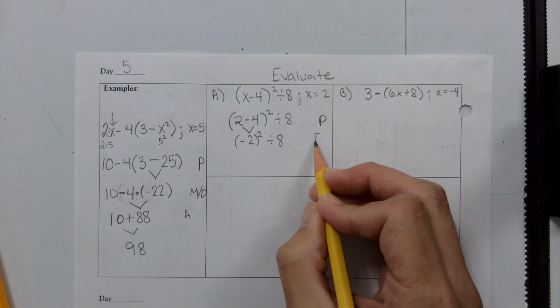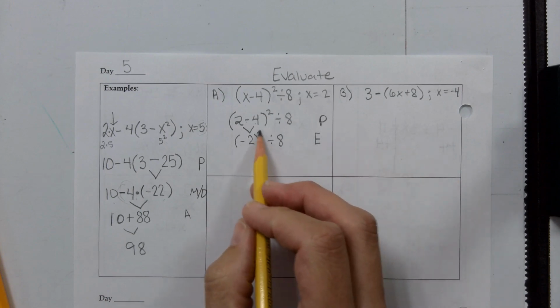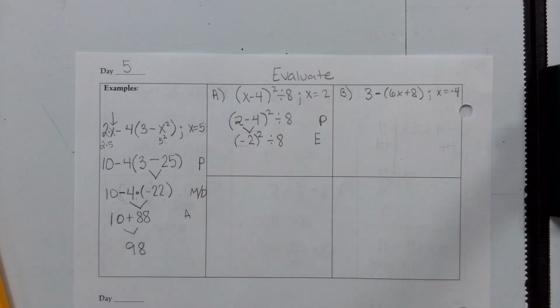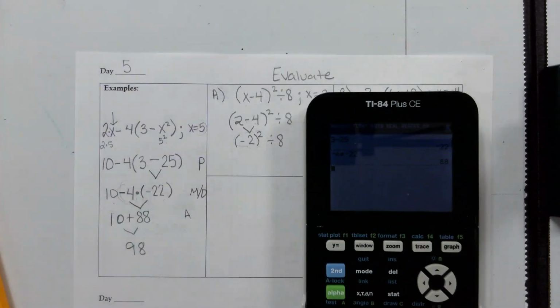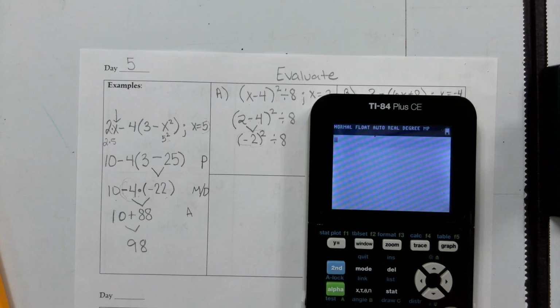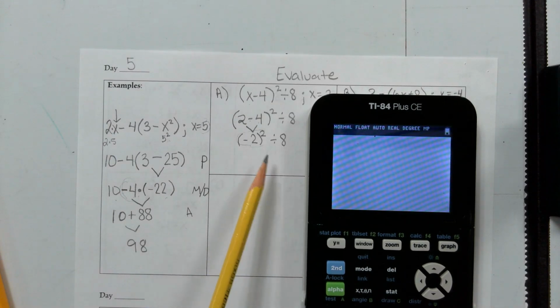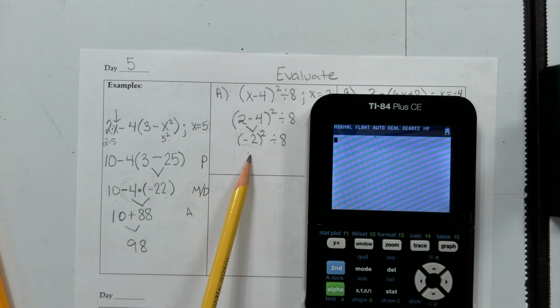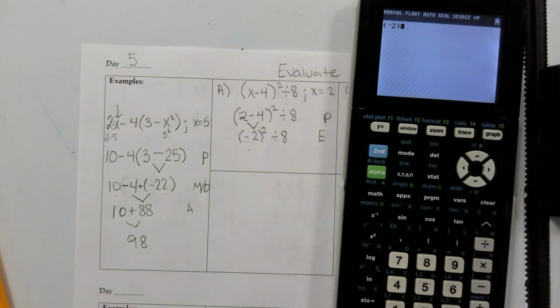Are there any exponents that I haven't dealt with? Yeah, that's this part right here. This happens all the time. If you don't type this in correctly into your calculator, you're going to get the wrong answer. Okay, now I said every time we have that negative number there, we've got to do parentheses. So the parentheses has to go in your calculator as well. So parentheses, negative 2, parenthesis, now hit that x squared button. And now if you're not sure where that's at, it's right diagonally from the 7, right here.